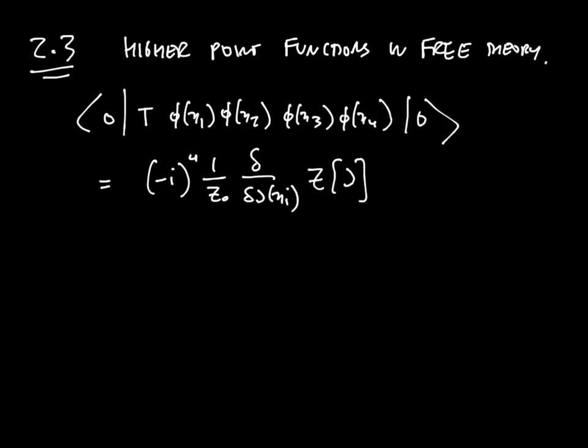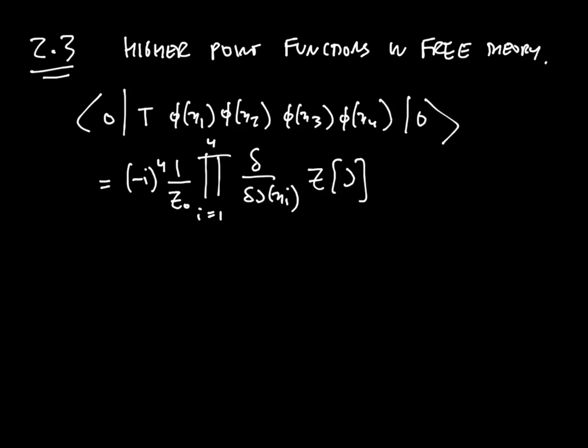Oh, sorry, I left out something crucial here. Excuse me, let me write this in the following way. This product runs from 1 to 4, and we have a minus i to the 4th, 1 over Z naught.